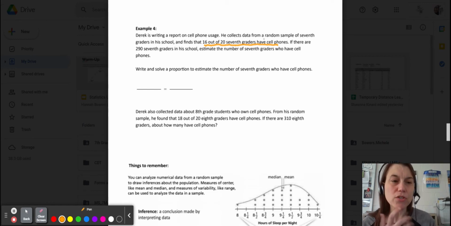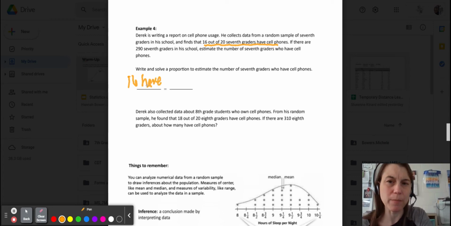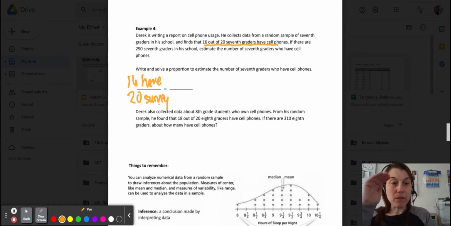To do that, we're going to use equal ratios. They're giving us a ratio already. They're saying 16 have cell phones out of the 20 that are surveyed. So that's the part of the survey that have cell phones over the total surveyed.